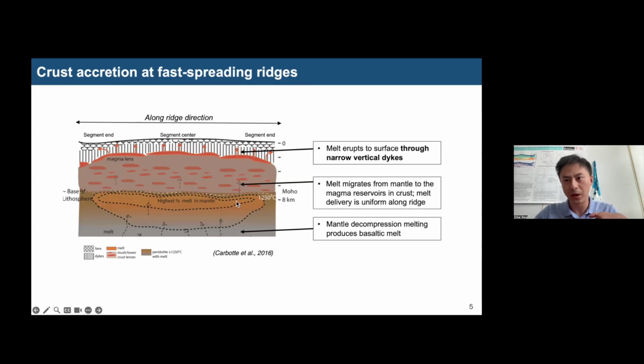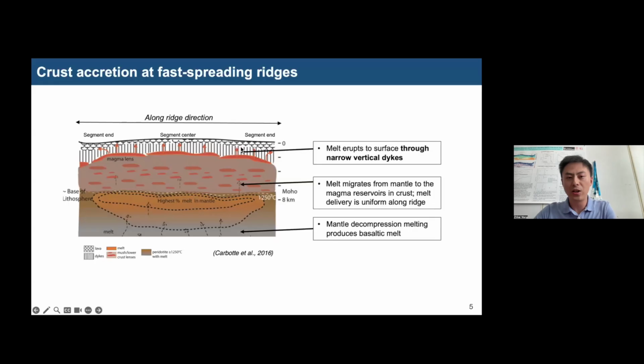So at fast spreading ridge, the melt is produced in the mantle and then propagates nearly vertically to the crust and finally is stored in the lower crust. And then the melt will erupt to the surface through nearly vertical dikes, and then finally form the lava flow on seafloor and dike underneath.